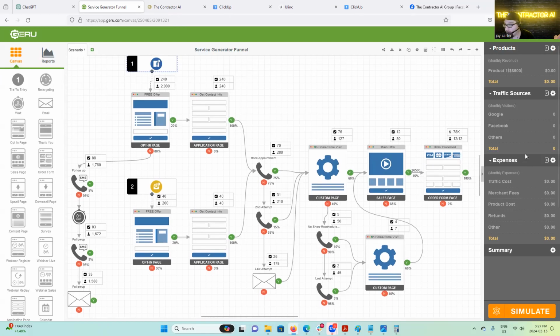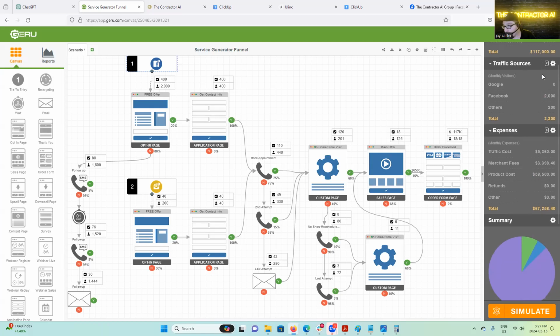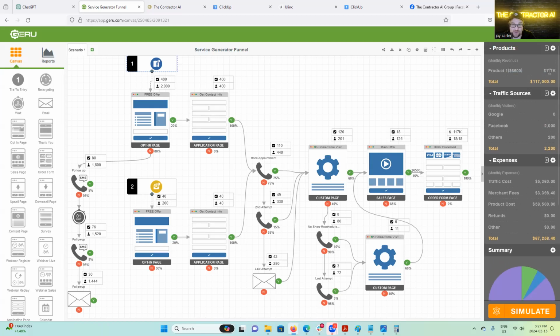So let's simulate what this funnel should produce. And this is why you use them. Realistically, it's about 117,000 in revenue based on the data we were able to collect in our research. That's actually a conservative number for Greg's offer.